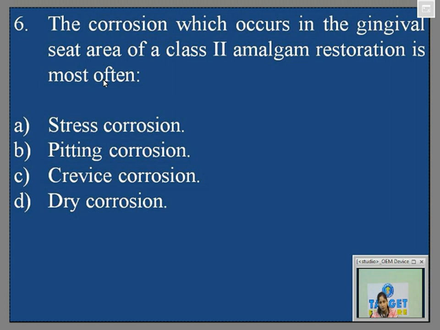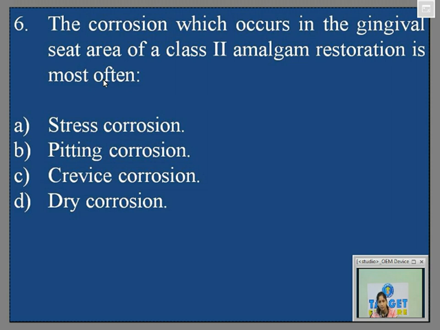And lastly, crevice corrosion is a subtype of concentration cell corrosion. That is generally seen in the interproximal areas or at the margins of a restoration with the tooth structure, where again you have insufficient cleansing or packing of food debris.